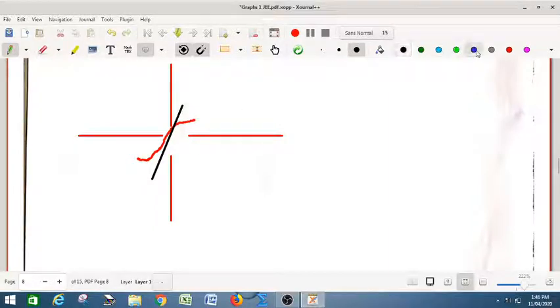So now you draw the sin inverse x by taking reflection. So this is your sin inverse x, taking reflection on the y equal to x line.